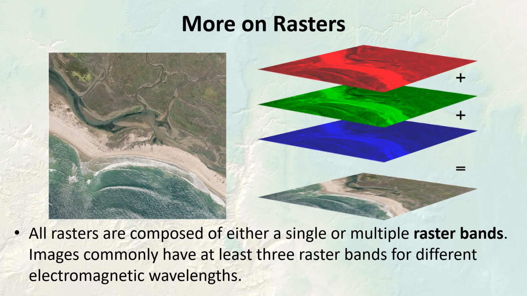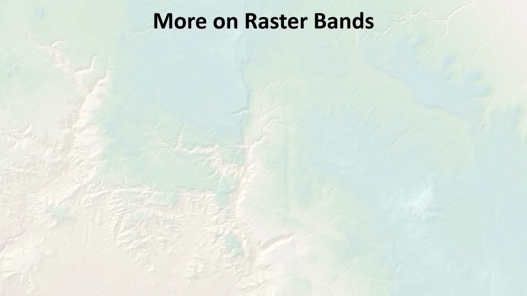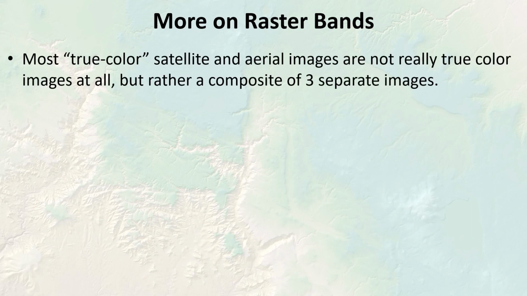All rasters are composed of either a single or multiple bands. So a raster is just a container for raster bands. Sometimes there's only a single band, sometimes there's lots. Image files usually have at least 3 raster bands, and each band represents a different electromagnetic wavelength. Now this is important. Most true color satellite and aerial images aren't really true color at all.